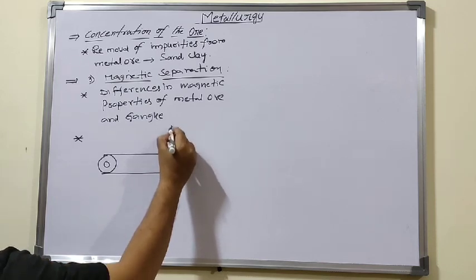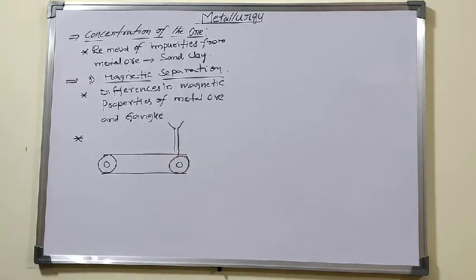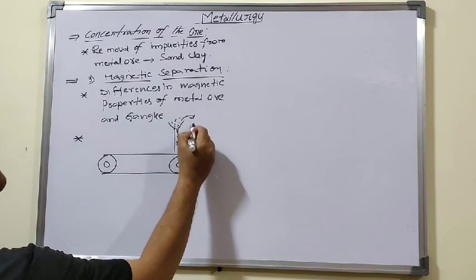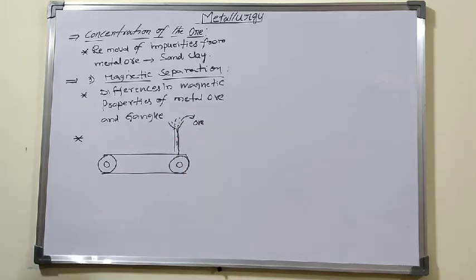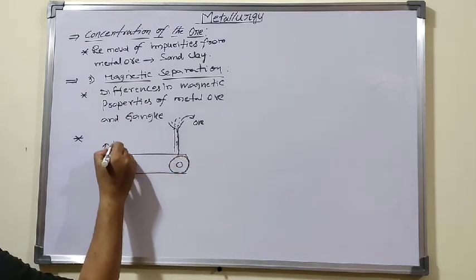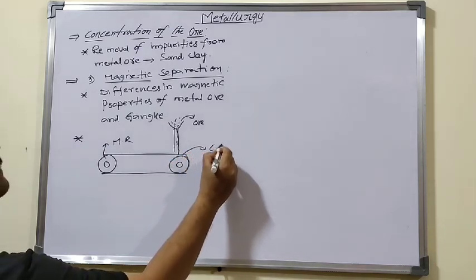The hopper is the arrangement where powdery form ore is introduced. So these are the ore particles we are introducing here.